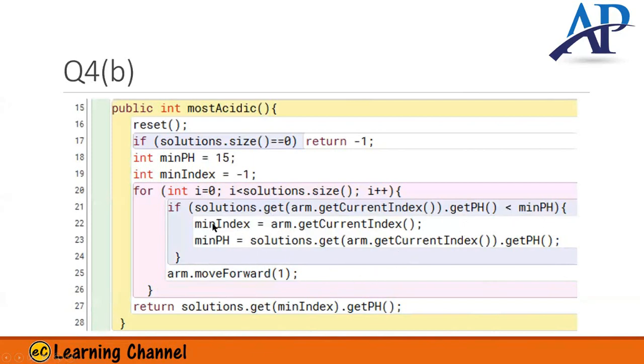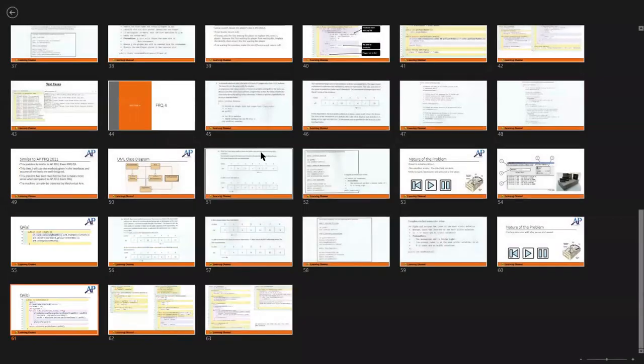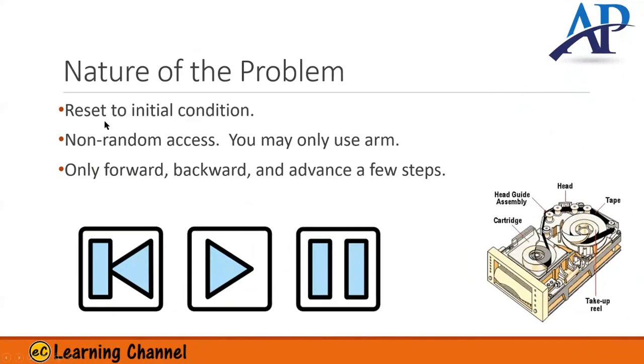At the end, I will find a min index because I have a reading. Here I'm not actually using the reading head, since you already measured the data. I'm just reading from a table that I copied from this reading, getting the pH value and returning it as the result. So the key point here is to understand this condition. If we have the head, that head can only operate in this way.